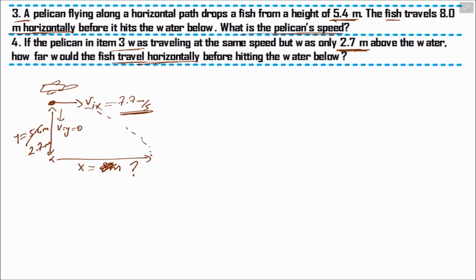To calculate the x, we need v initial x times t. V initial x is given according to the previous question, and we need to calculate time. So if we calculate time, that means we solve this question.